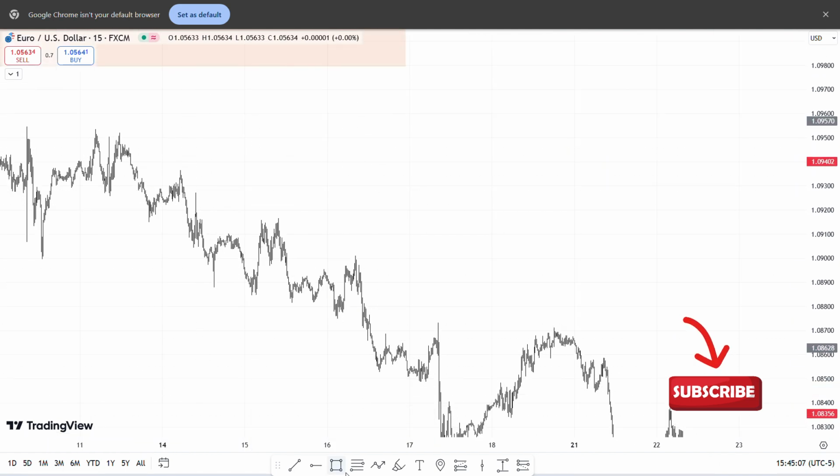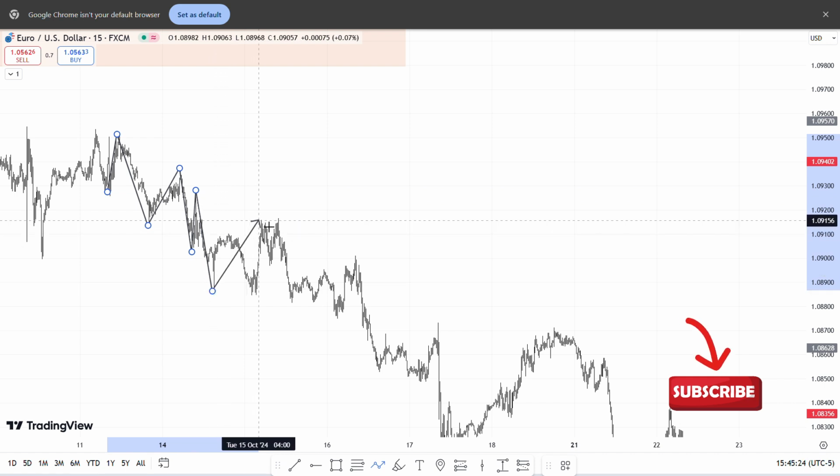You see that the market is moving in a series of low, high, lower low, lower high, lower low, lower high, lower low, lower high, lower low. Yes, this is lower than this, lower low. This is equal. Okay.